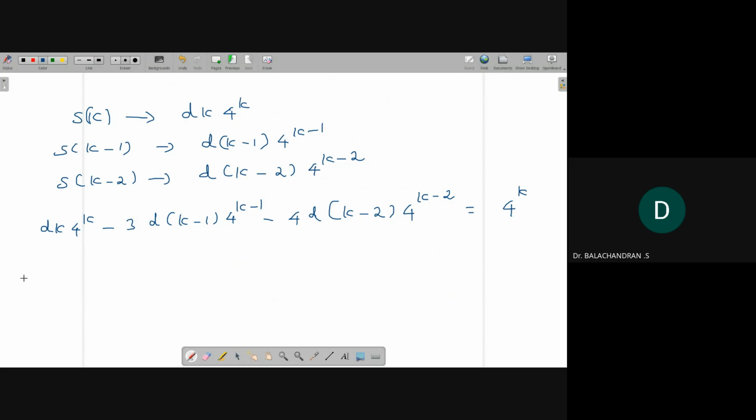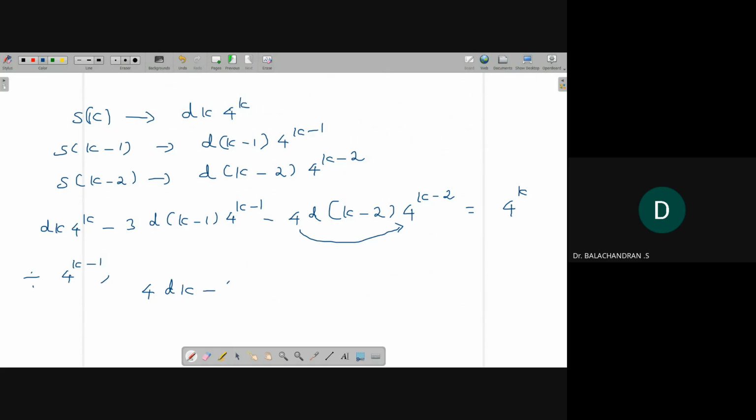Now throughout I am going to divide by 4 power k minus 2. If I group this, I can write 4 power k minus 1. So I have 4 power k minus 1 everywhere. If I divide by 4 power k minus 1, here 4 dk, this gets cancelled.